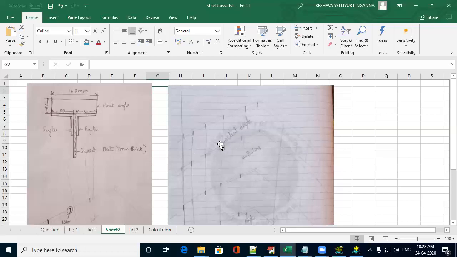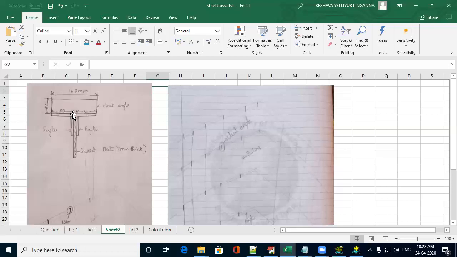You have to find the length of the cleat angle. It will be like this. This is the rafter which you run. Whatever the width of the rafter is, that will be the length of the cleat angle. The two rafters will be jointed like this. So how to calculate the cleat angle length? The rafter used is 80 by 80 by 8 mm thickness. Ignore the thickness.